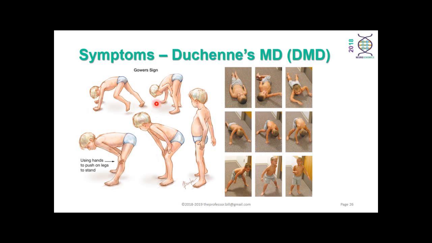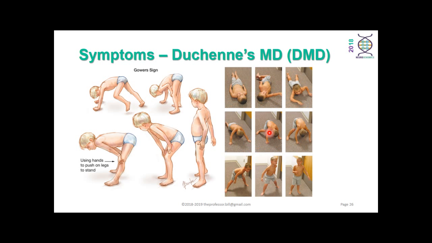They actually have to push themselves off, and they stand up in a very characteristic way where they might turn themselves over, and then they will literally walk themselves upwards. So they will start, as you see here on the right, they will start to walk themselves, and they will not just walk themselves to a standing position.